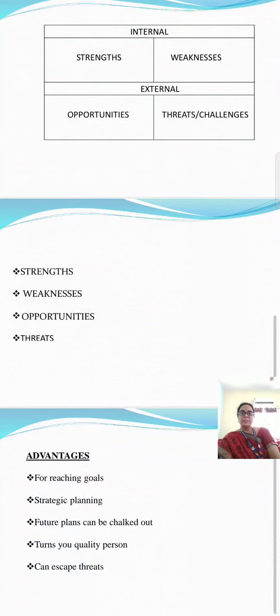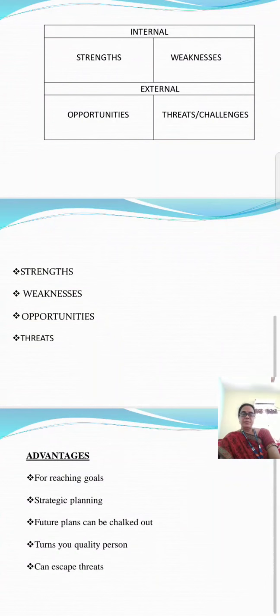Let us now turn to the advantages of the SWOT chart. First point is for reaching goals. It shows why people are unable to reach their goals. By identifying their strengths and weaknesses, they can reach their goals. Second point is strategic planning. The SWOT analysis chart provides a source of information for strategic planning.